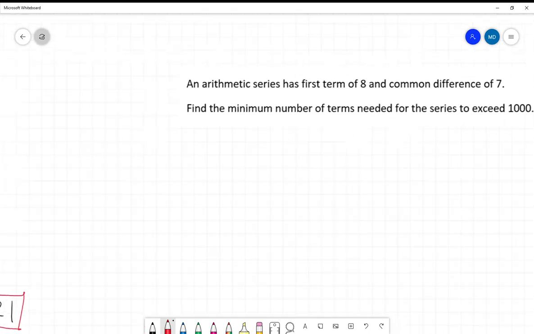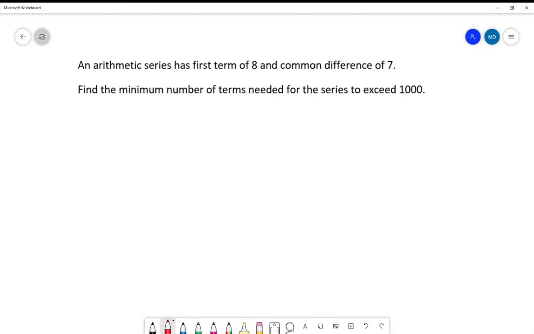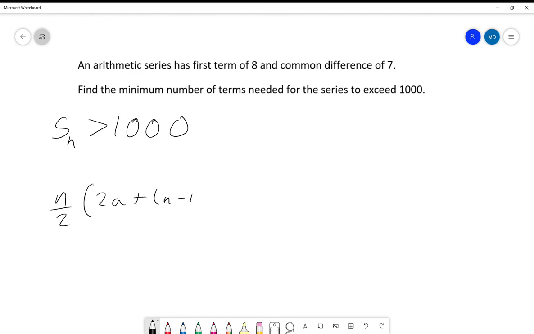Okay, next question. An arithmetic series has first term of 8 and common difference of 7. Find the minimum number of terms needed for the series to exceed 1,000. So we want Sn to be greater than 1000, which means we want n over 2 lots of 2a plus n minus 1d to be greater than 1000.